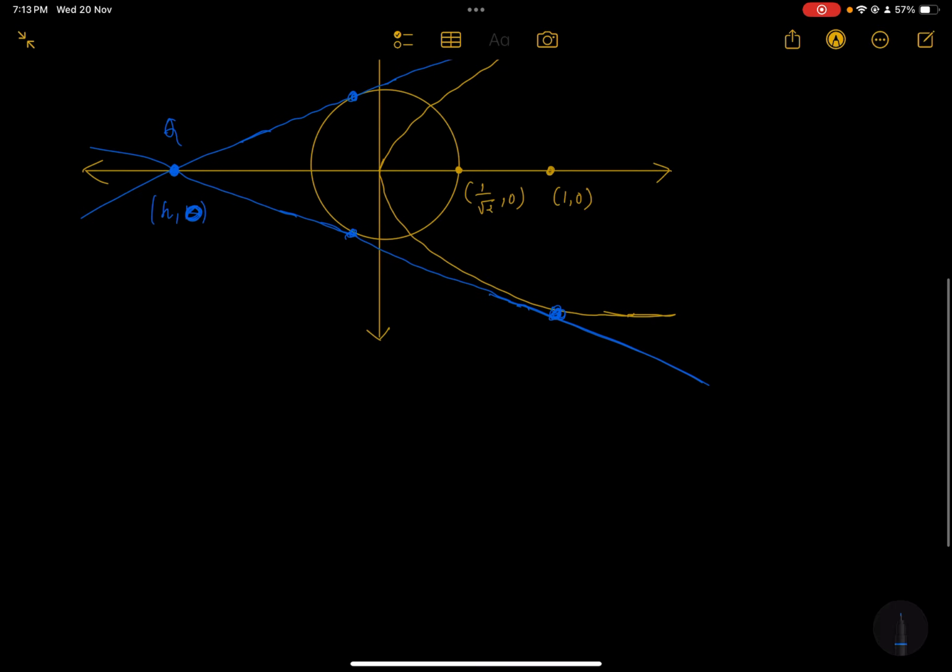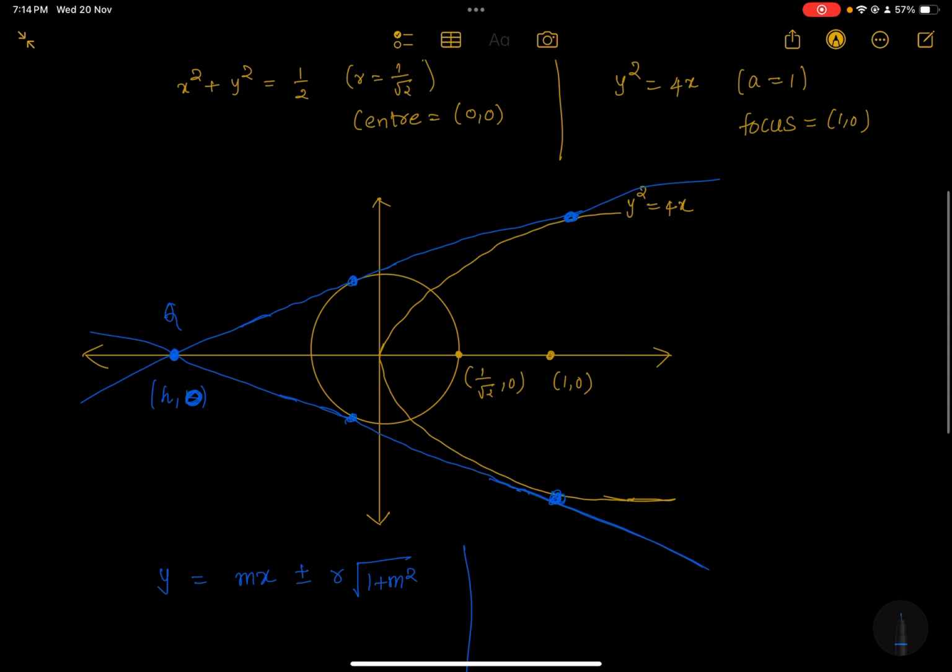The equation of tangent to a circle is y is equal to mx plus or minus r into root of 1 plus m square. Let this tangent be L1 and let this tangent be L2.